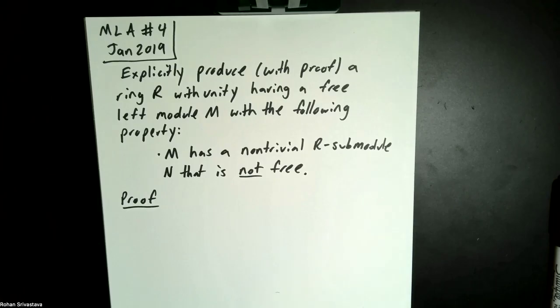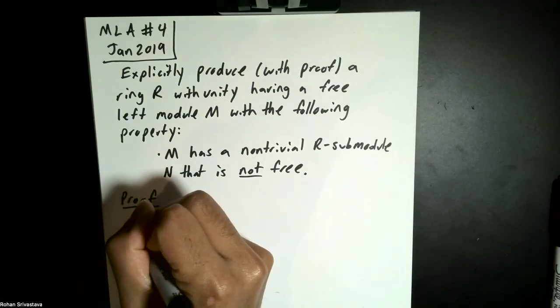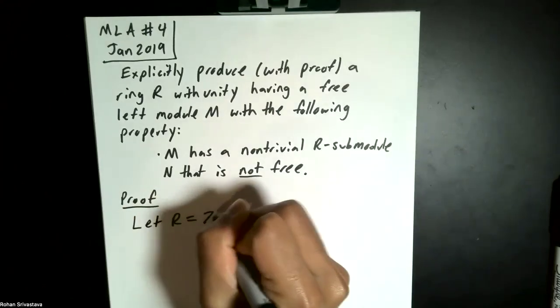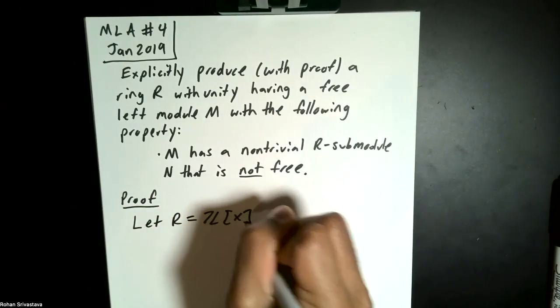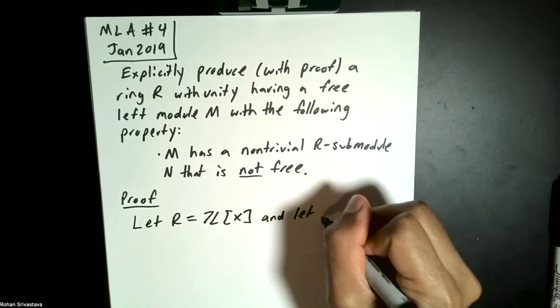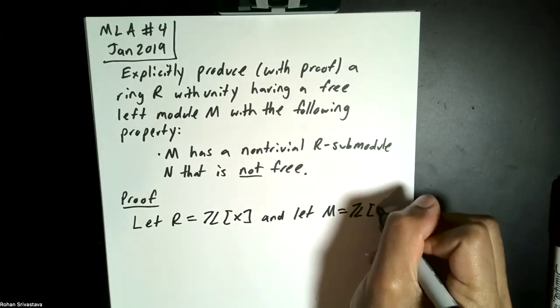Many examples are possible, but the easiest are going to involve viewing R as a module over itself. So here's one example we can do. Let R equal Z adjoin X and let M be R, so Z adjoin X as well.